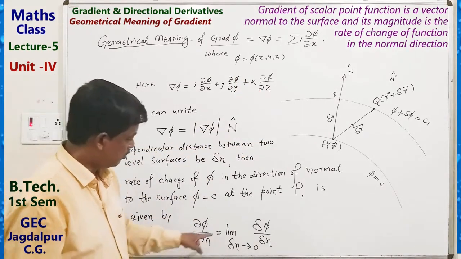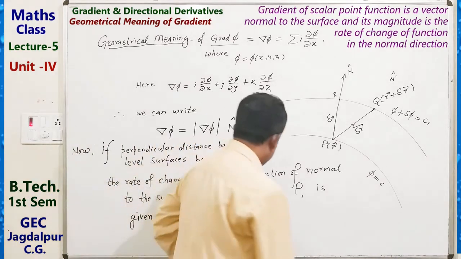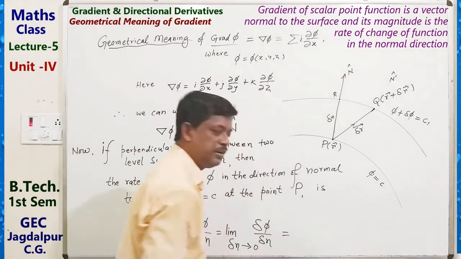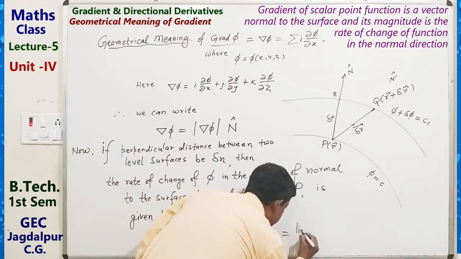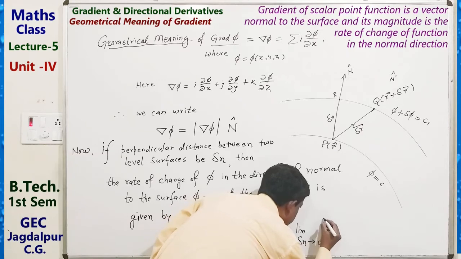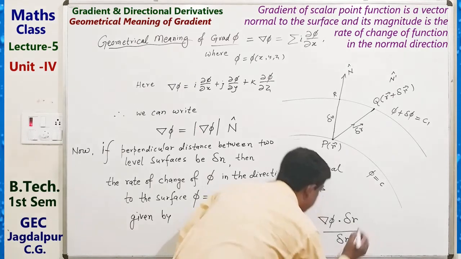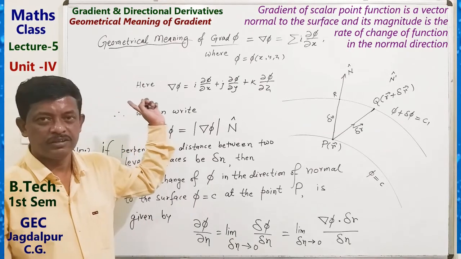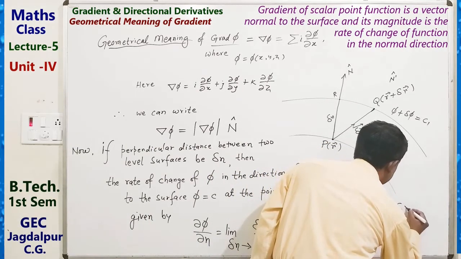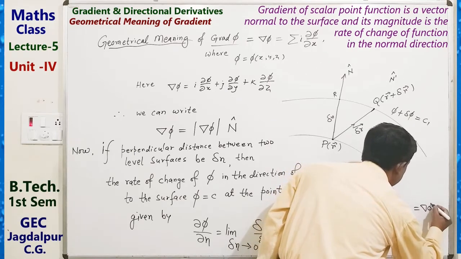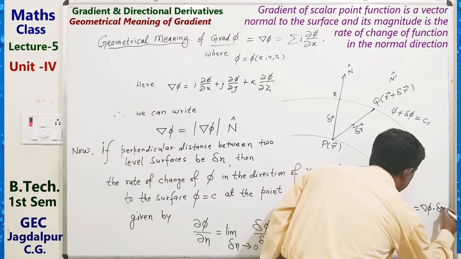Now delta phi by delta n: here we know delta phi equals del phi dot delta r, a very important relation. So del phi dot delta r upon delta n.